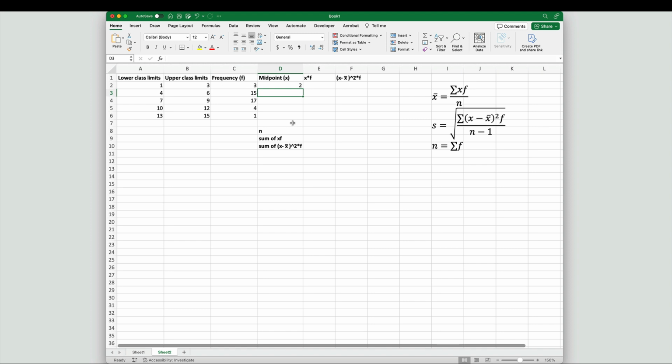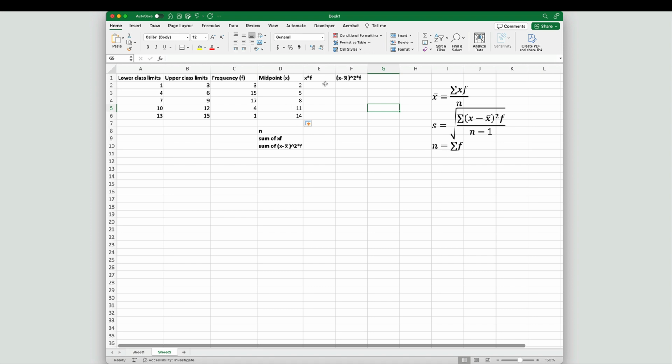I have to do 4 more calculations, but I'm going to take advantage of Excel's dragging feature, putting the cursor in the lower right hand corner, clicking it, and dragging down without letting go. The formula for estimating the sample mean is the sum of x times f all over n, so we have to find some sums because n is also a sum.